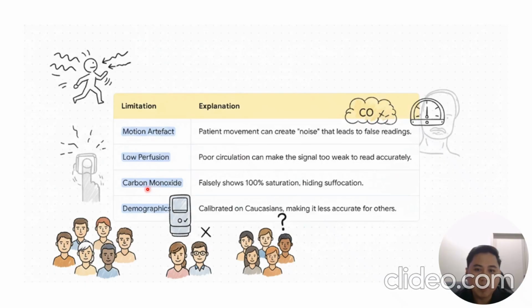Then for carbon monoxide, the device cannot distinguish between oxygen and carbon monoxide. In poisoning cases, it may falsely show 100% saturation while the patient is suffocating. And then demographics. Finally, many devices were calibrated on healthy Caucasian volunteers. High melanin levels in darker skin can scatter light differently, causing overestimation of oxygen saturation.